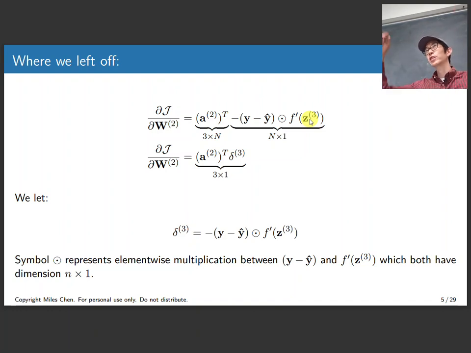Traditional matrix multiplication takes a row and a column, multiplies them and adds up all of those elements, and you get back a single scalar. But we don't want that. We want to preserve the fact that it's still n by 1. And so we introduced some additional notation to indicate element-wise multiplication. And again, what we're doing is not strictly linear algebra. We're playing a little bit with these numbers because it provides a convenient notation for us to work through.